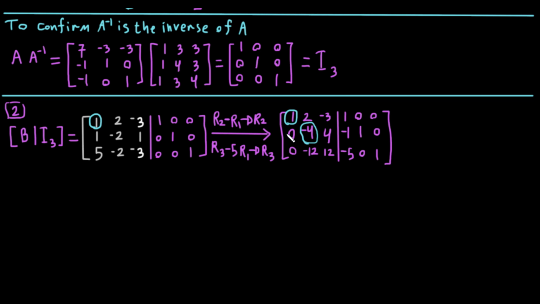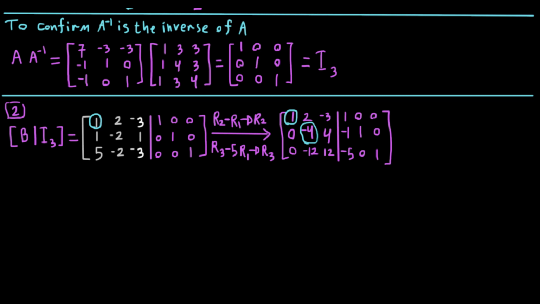So I will divide this one by negative 4, and this row by 12, to make it easier to subtract this row by this row. And we don't need to make these two elements 0 because we will have a 0 row.